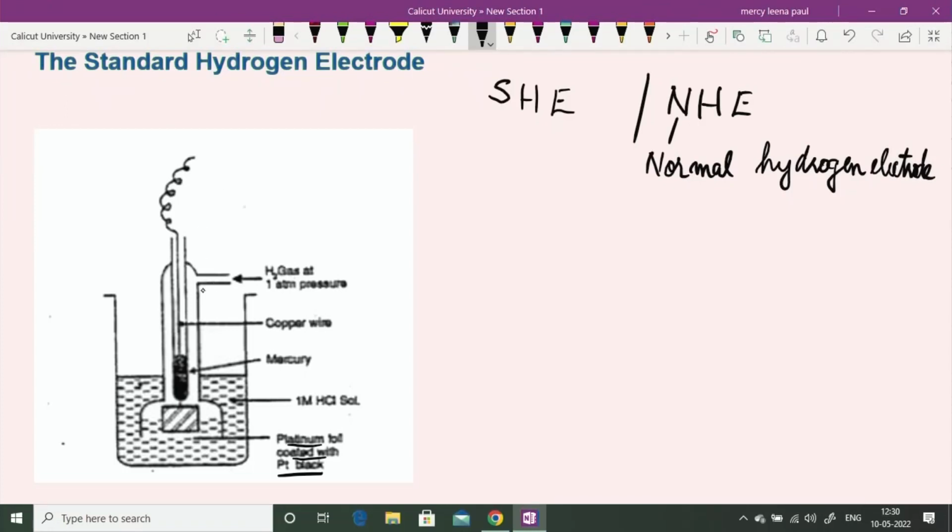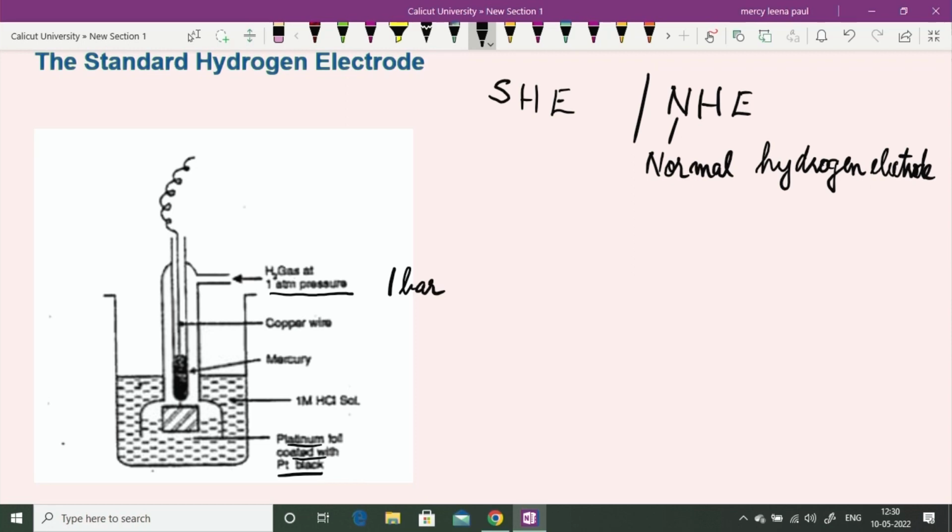You have a side tube through which you can bubble hydrogen gas, and for the standard hydrogen electrode the hydrogen gas has to be bubbled at 1 atmosphere pressure, or to be more accurate, 1 bar.